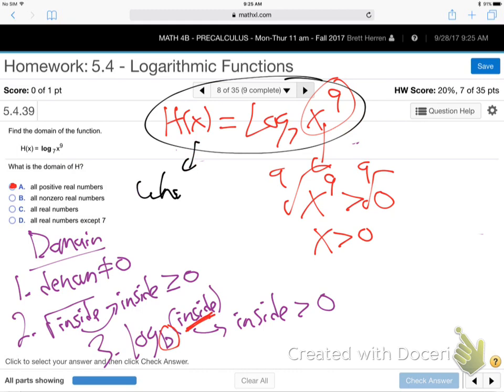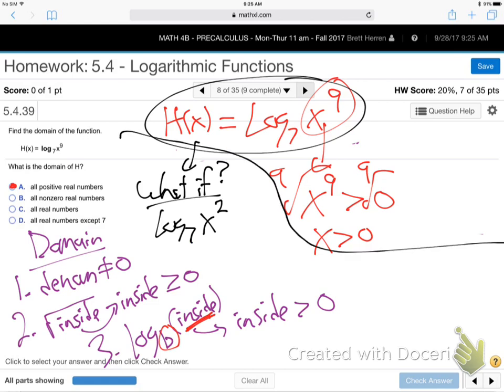What if, I'll do a what if. What if they made it log base 7 of x squared? That's what he was sharing with me, and it may be on some of your homework. Well, if it's x squared, when can x squared be greater than 0? Remember, we always take the inside greater than 0.